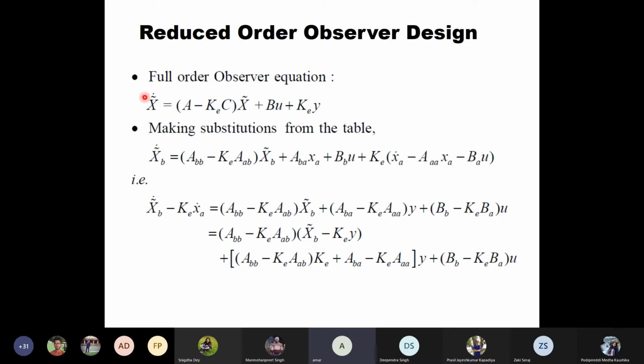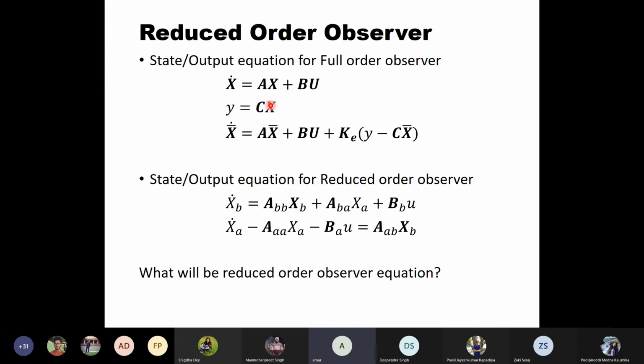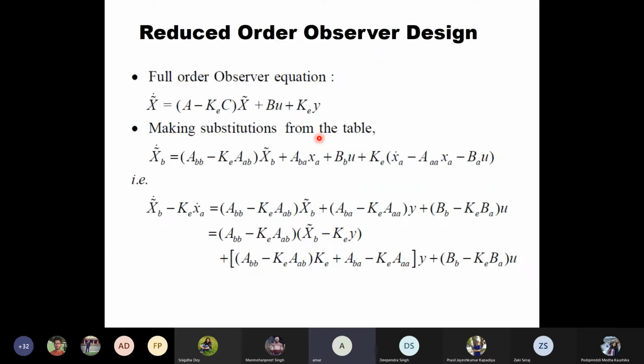This is basically the full order observer equation. Here I am putting (A minus K_e C) within bracket multiplied by x bar plus B u. So the same expression I am writing over here, full order equations. Now from that, I substitute.